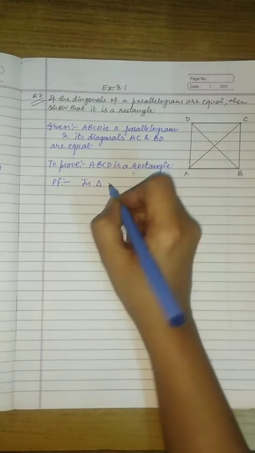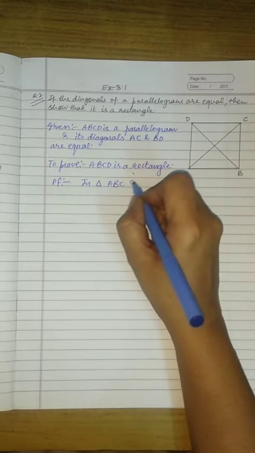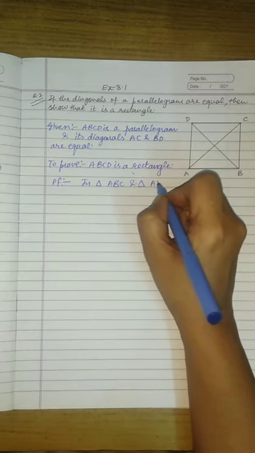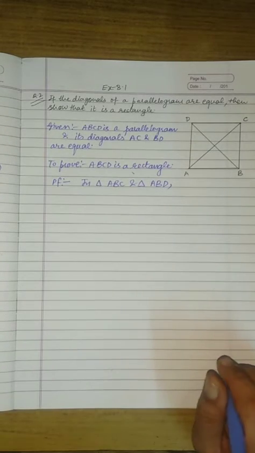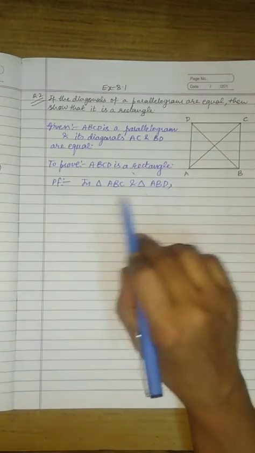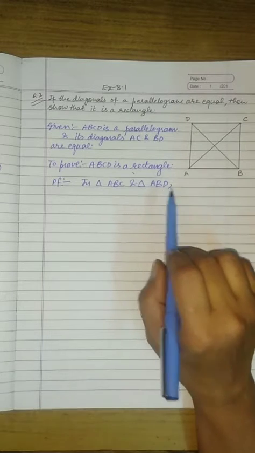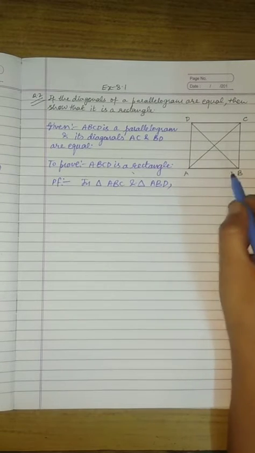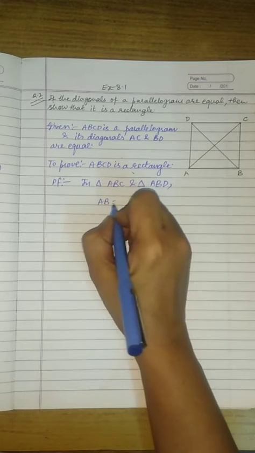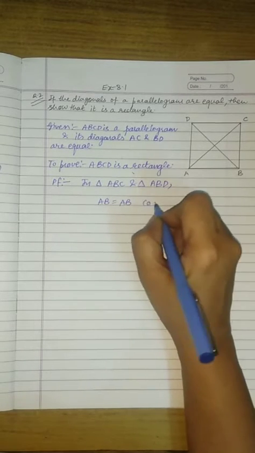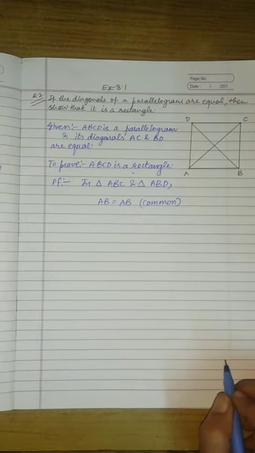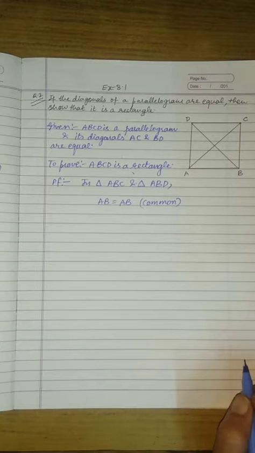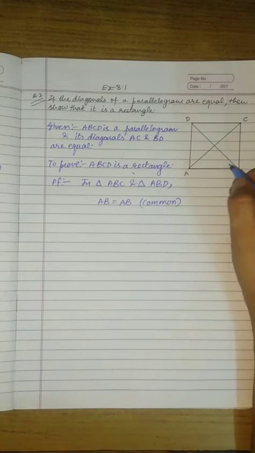In triangle ABC and triangle ABD, in both these triangles we will make these two triangles congruent. So AB is common, side common to both the triangles. So AB is equal to AB, common, and because ABCD is a parallelogram, opposite sides of the parallelogram are equal.